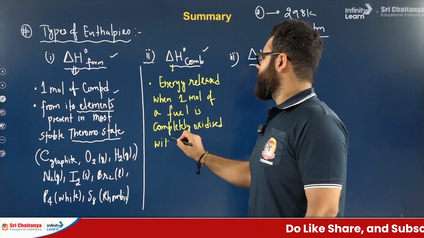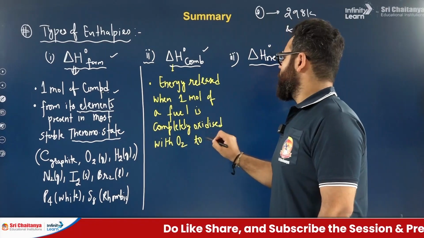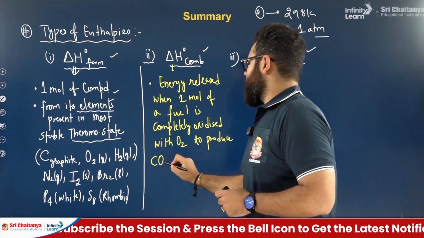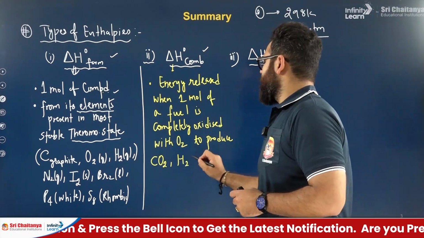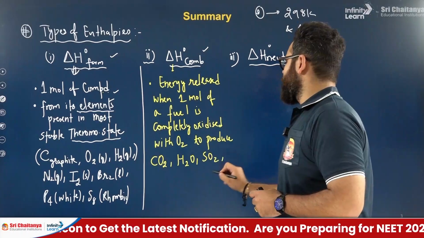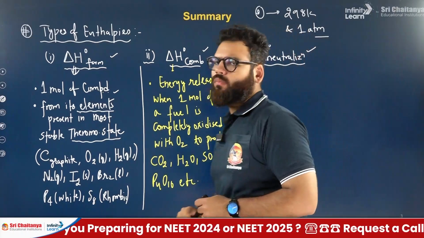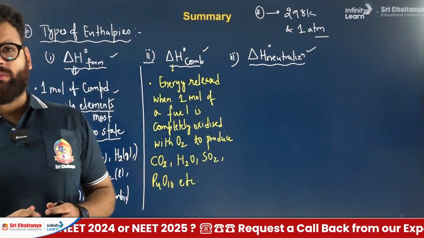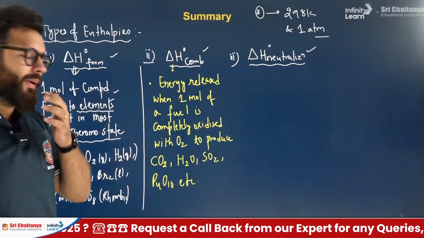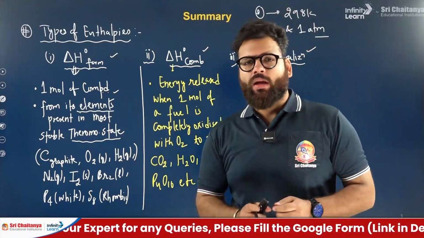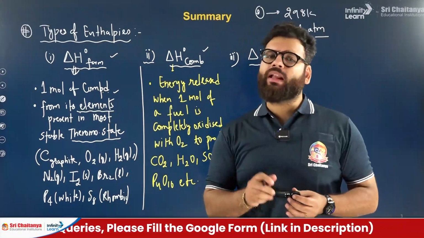with oxygen to produce carbon dioxide, water. If sulfur is there, it will give SO2. If phosphorus is there, it will give P4O10, etc. Whenever you do combustion, all carbon must convert to CO2. That is called as complete oxidation. If you get carbon monoxide, that is incomplete oxidation.